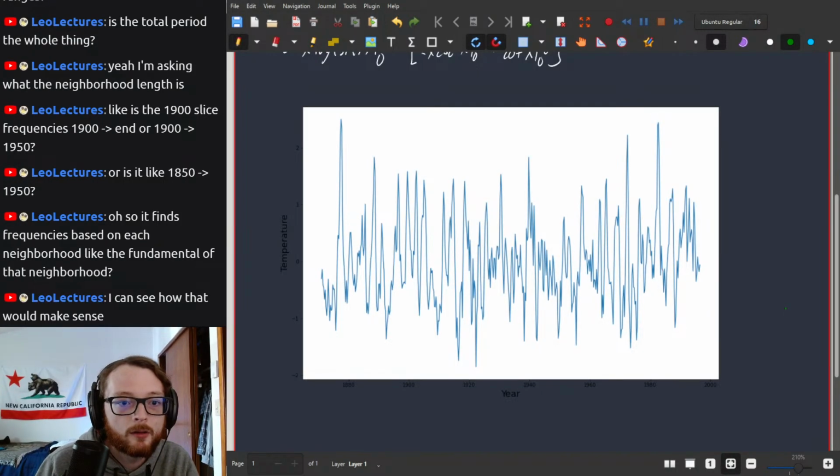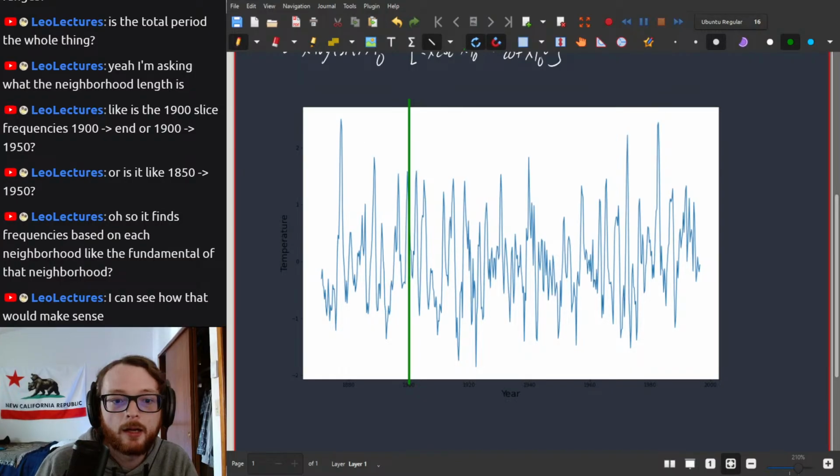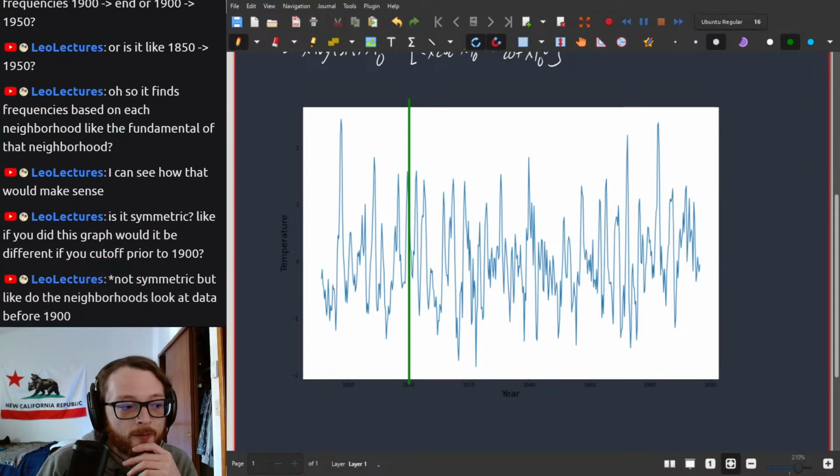So if we're looking at the year 1900, there'll be many different wavelets centered on this year, and we do this for every year. We have a wavelet centered on this data, and we do it with many different scales.